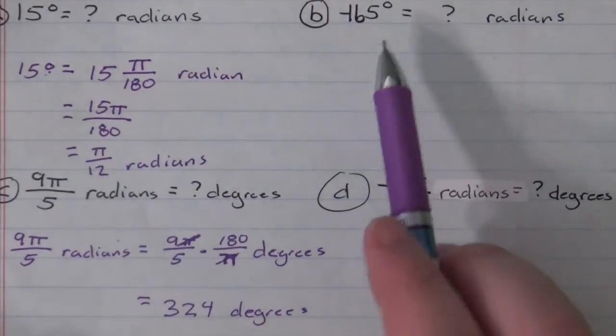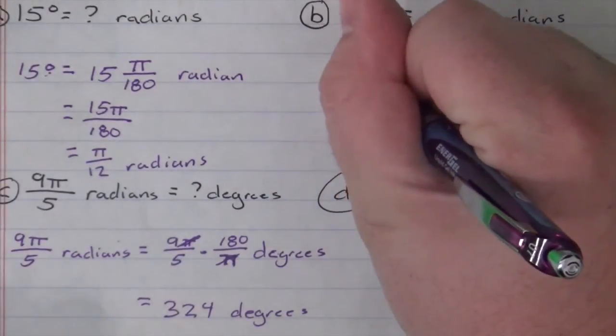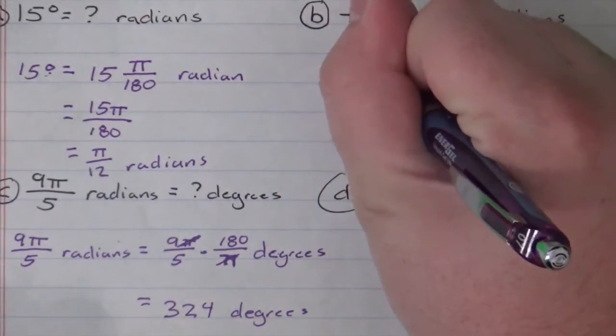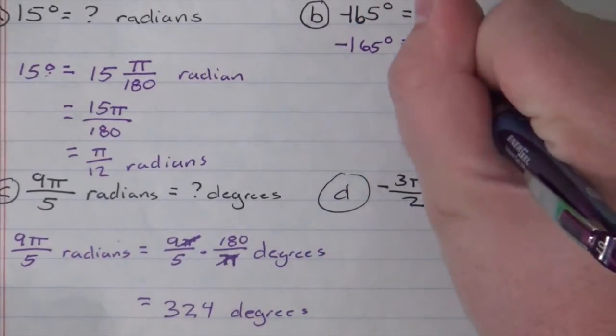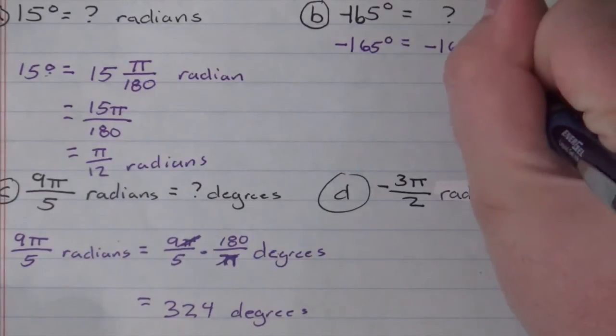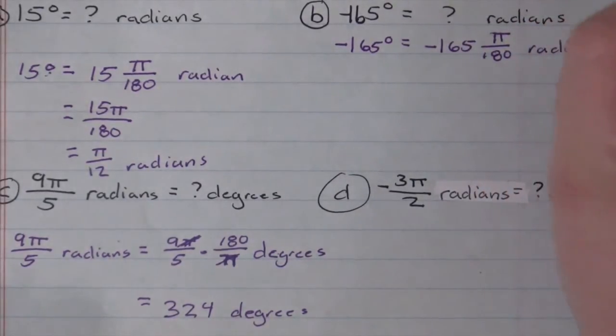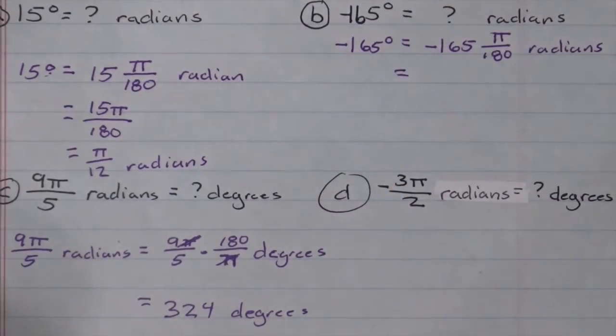Alright, so the first one I have negative 165, and our job is to find radians. So let's do it. We know that negative 165 degrees is equal to negative 165 times pi over 180 radians. Okay, let's work this all the way out.